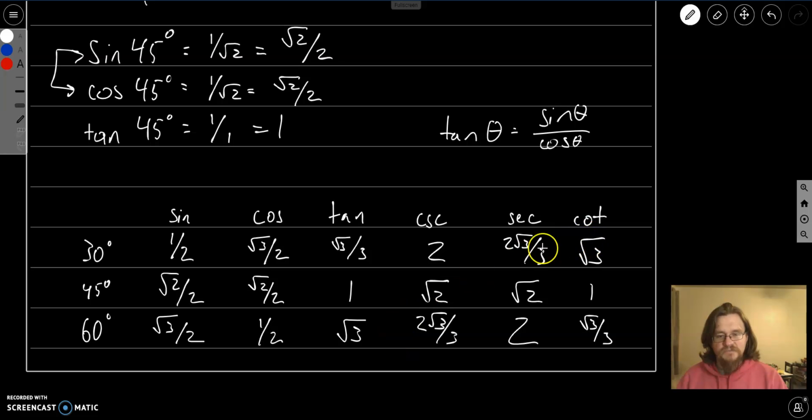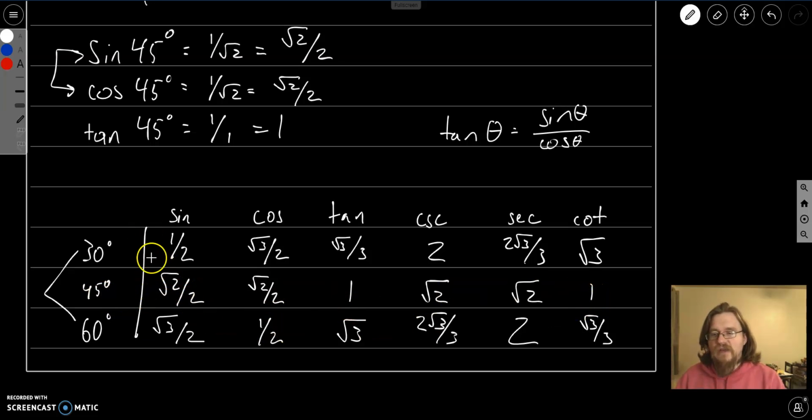Again, because these are just going to be the reciprocals, but also the cotangent of a 30 degree angle is going to be the tangent of a 60 degree angle, because these are co-functions and they're complementary angles. So there's lots of relationships going on here. 30 degree angles and 60 degree angles are highly related, and 45 is its own complement. So there's lots of nice things going on.